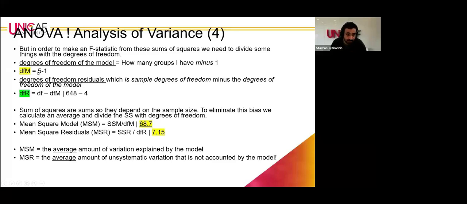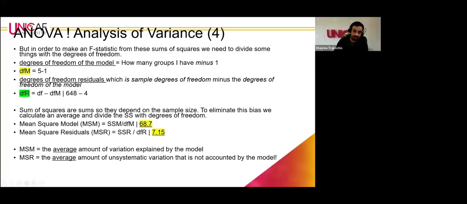The degrees of freedom of the model is the number of groups minus 1, and the degrees of freedom of the residual is the sample degrees of freedom minus the degrees of freedom of the model. This number here. So this is the mathematical terminology.